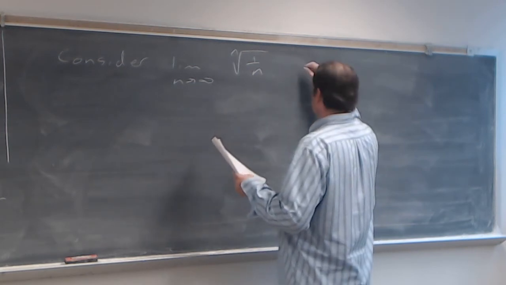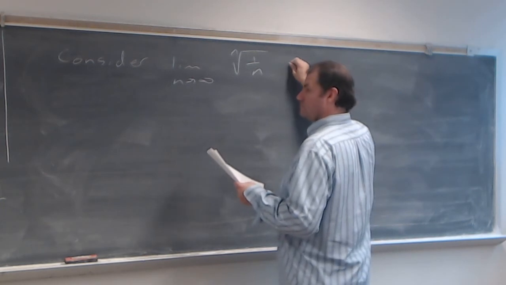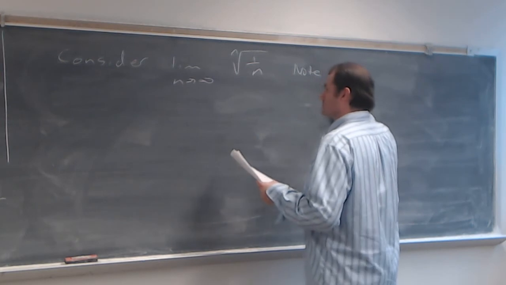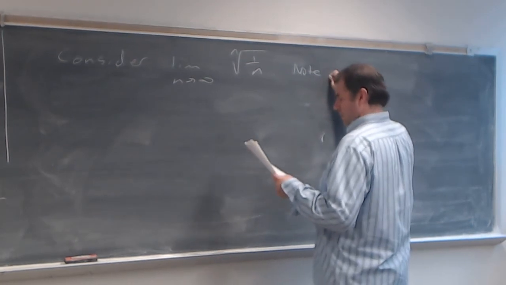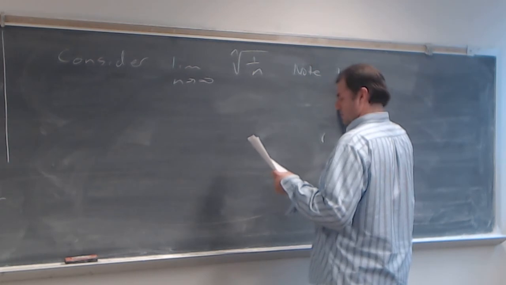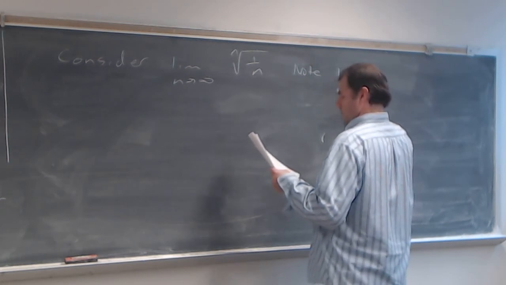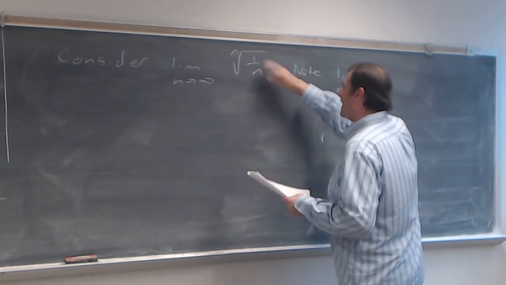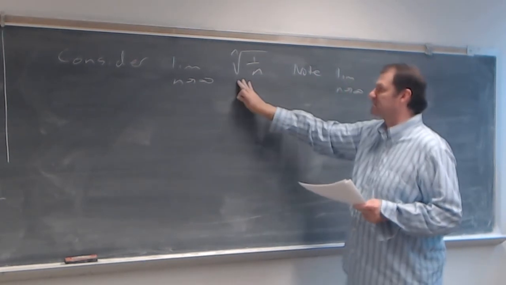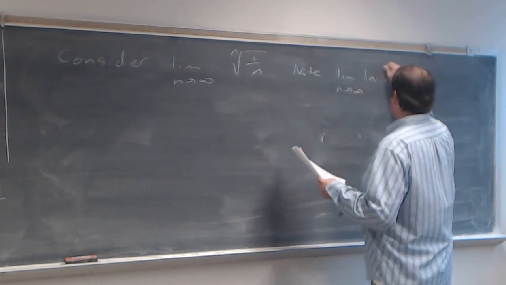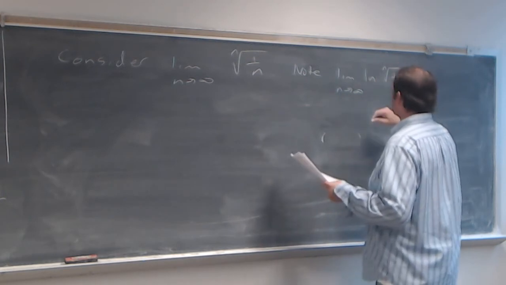Now, note that to handle this limit, we really look at the limit of the sequence ln of the nth root of 1 over n.